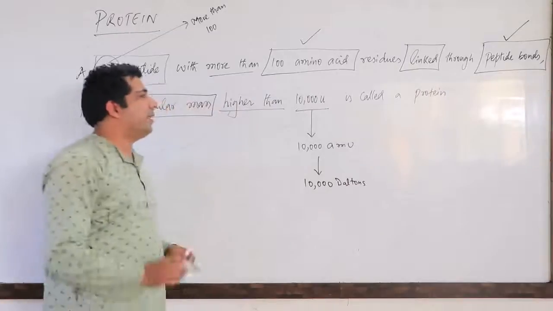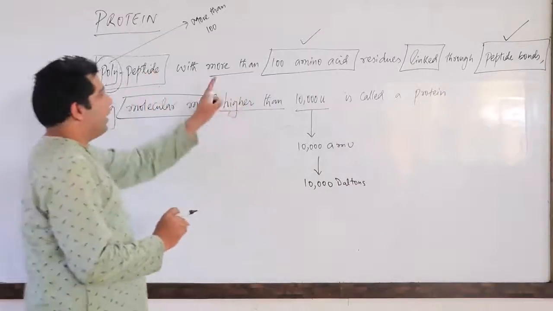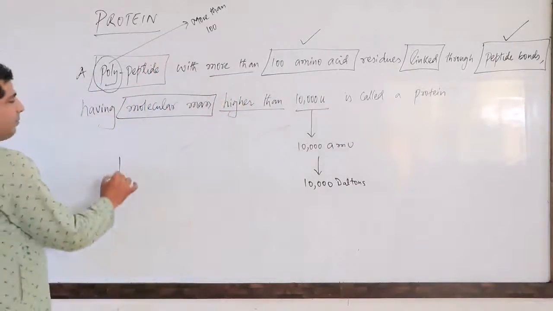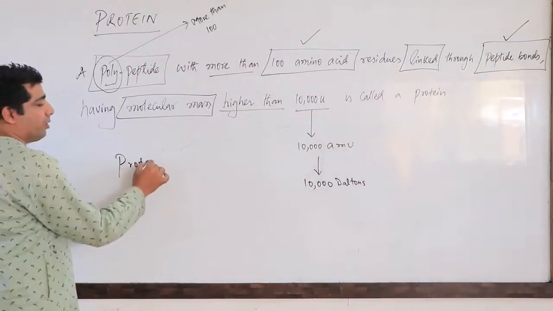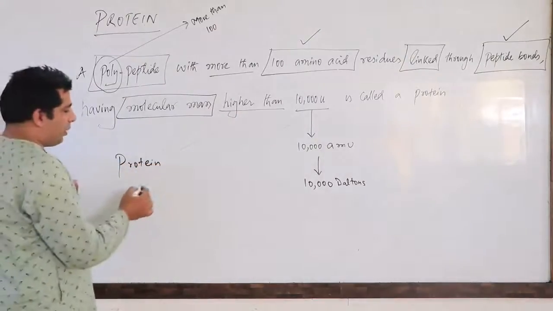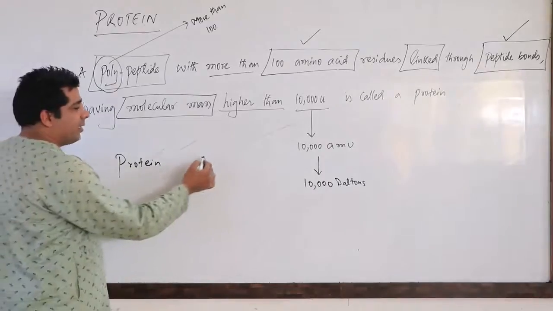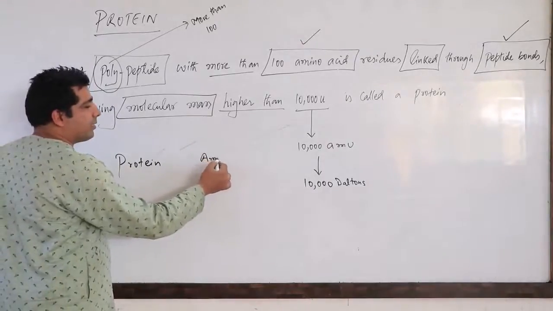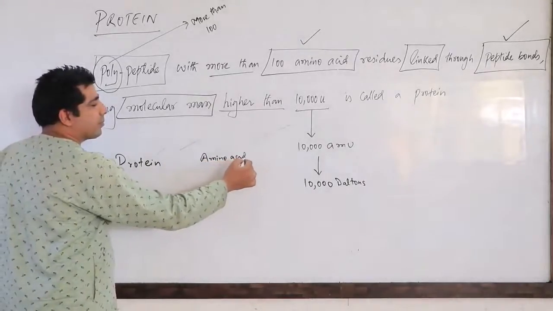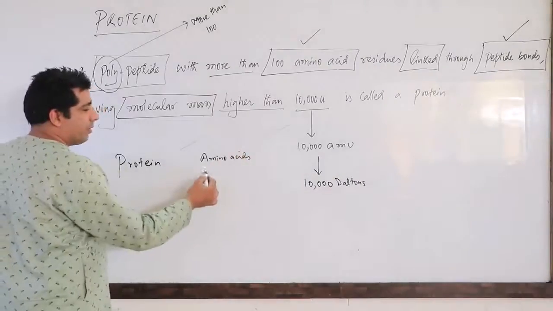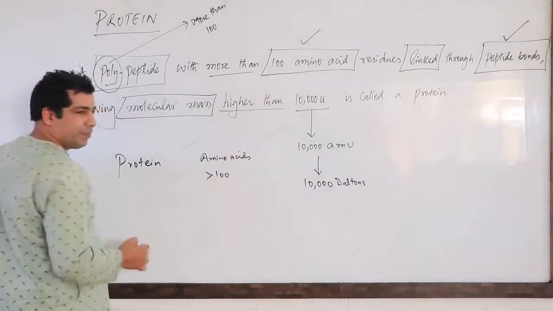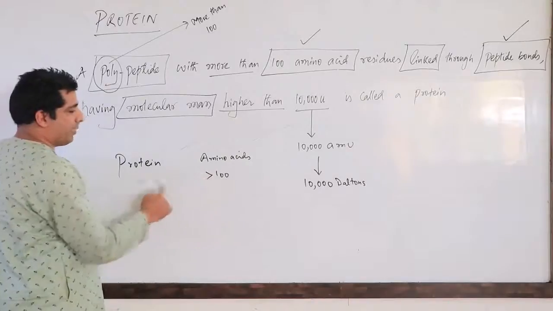Let's understand, my dear friends. Two things are very important in case of proteins, which you have to learn. First of all, the number of amino acids should be greater than 100, more than 100 in a protein.